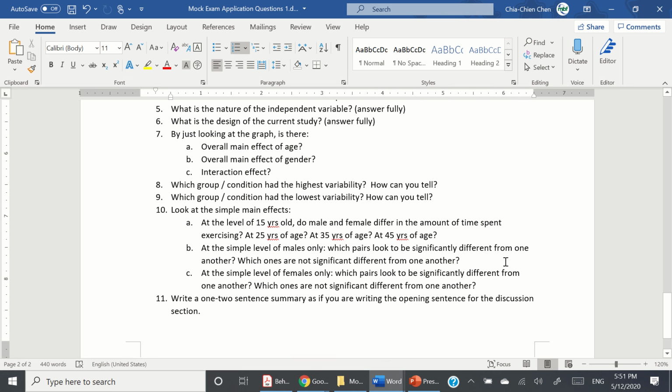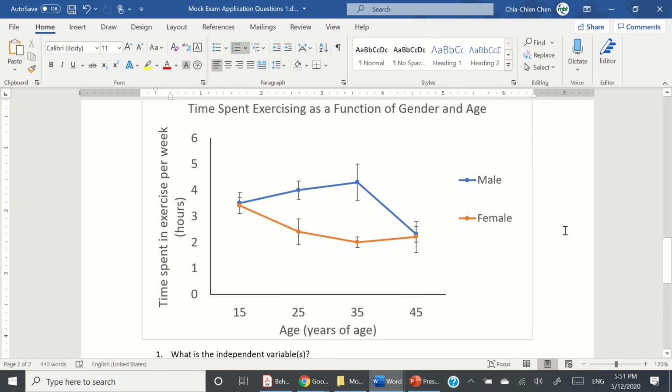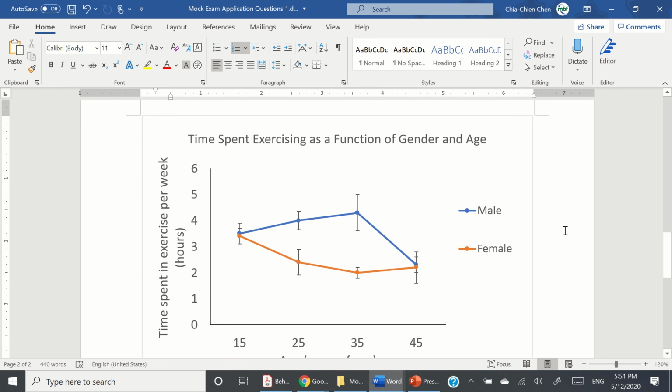Okay, number 11. Write a one or two sentence summary as if you are writing the opening sentence for the discussion section. So what you want to say is something like, in the current study, we investigated how gender and age of the participants can influence the amount of time that participants spend exercising.